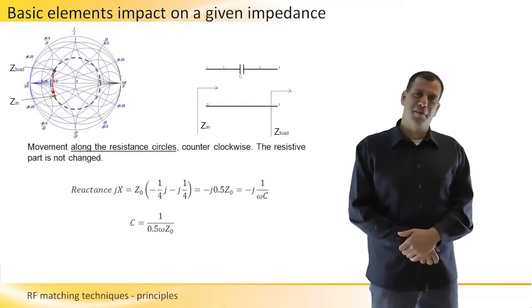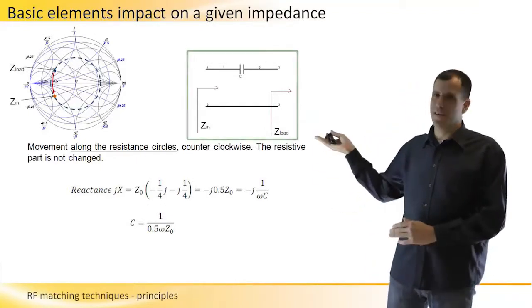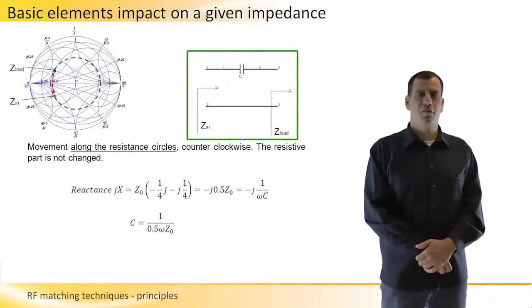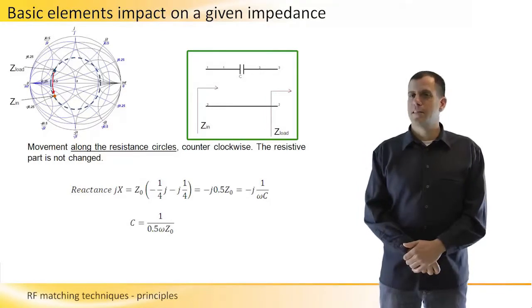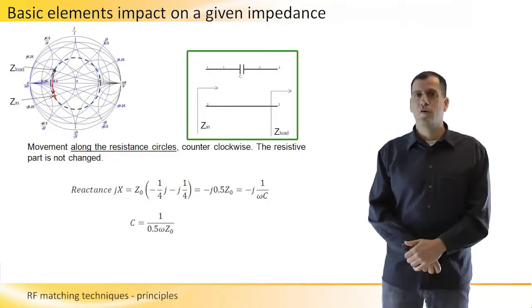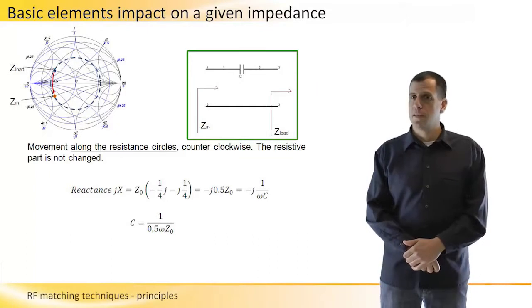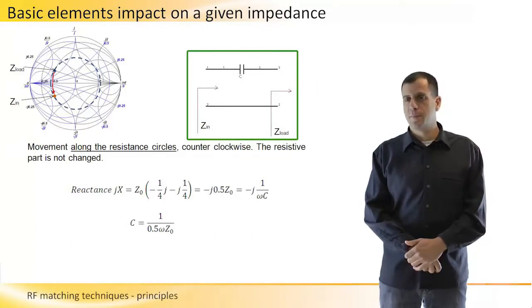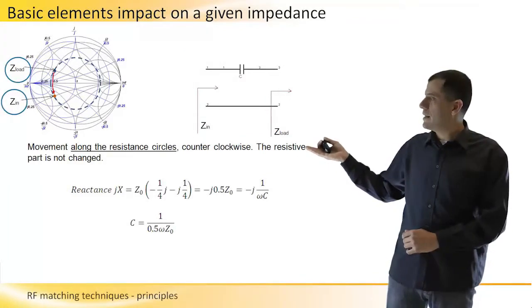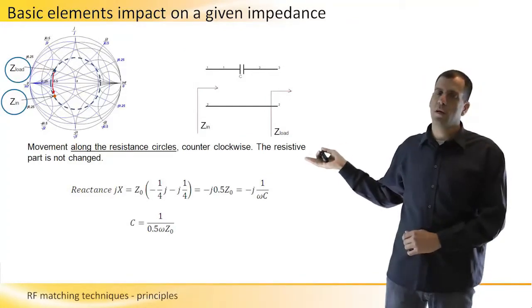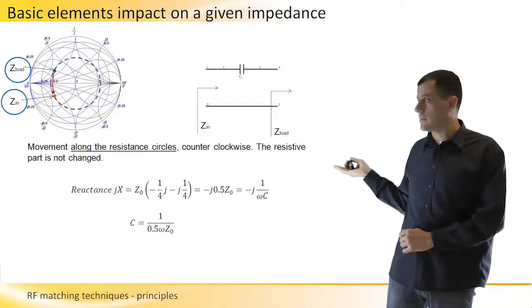Now, the broader case of the previous case is a serial capacitor. A serial capacitor, of course, like before, doesn't change the resistive part of the load impedance. It only contributes a reactance to this impedance, and then the Z in comparison to the Z load will have only a difference in the reactance.